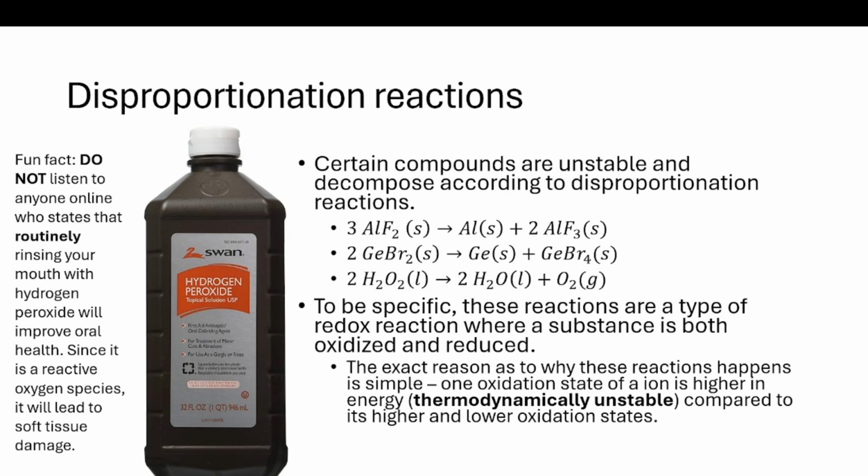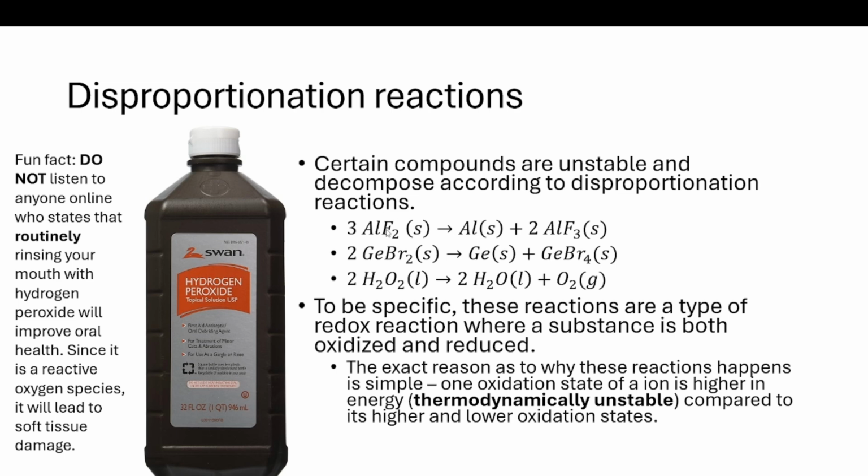Now, what are those exactly? Well, these reactions happen when you have some sort of compound. Take, for example, aluminium(II) fluoride. What's going to happen is that it's going to decompose into aluminium and also aluminium(III) fluoride.